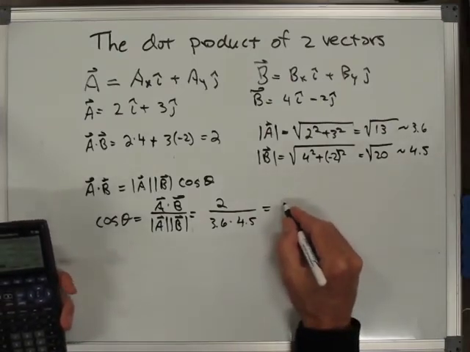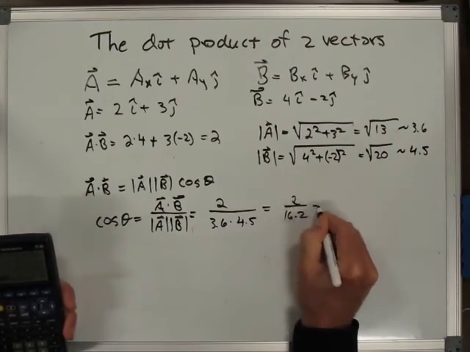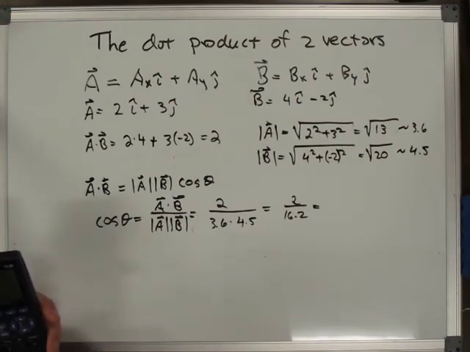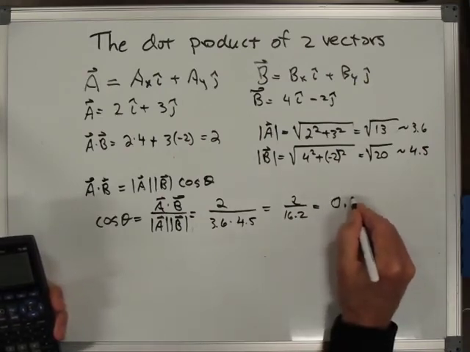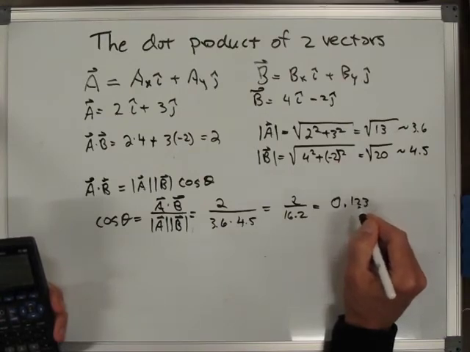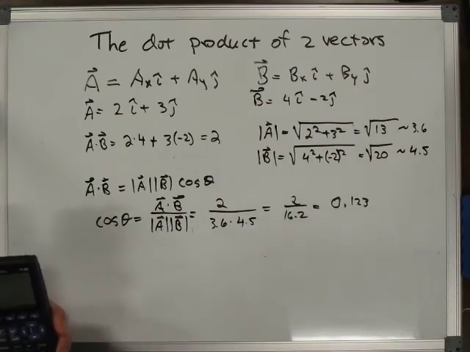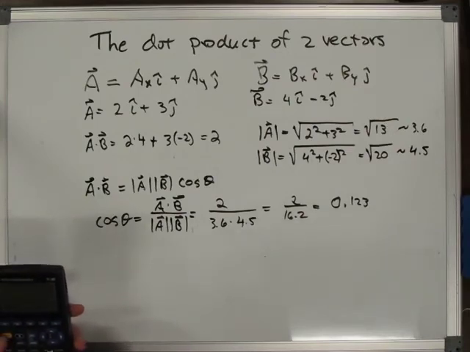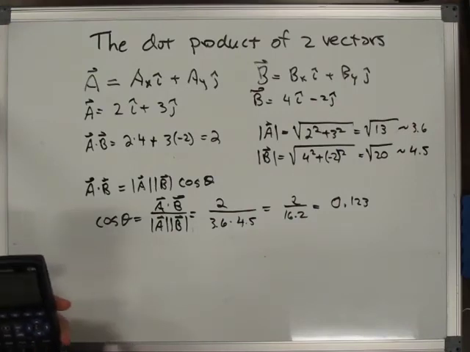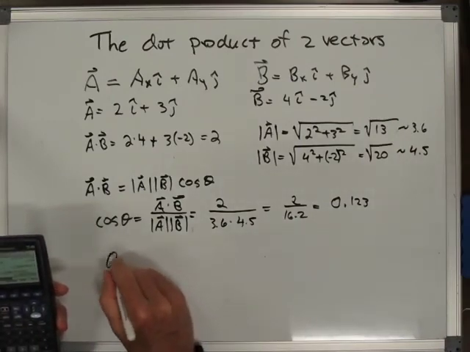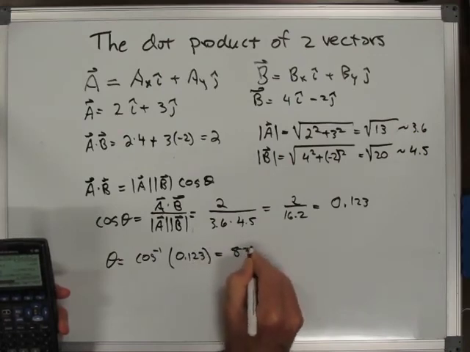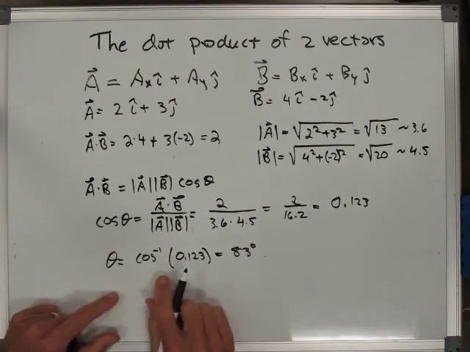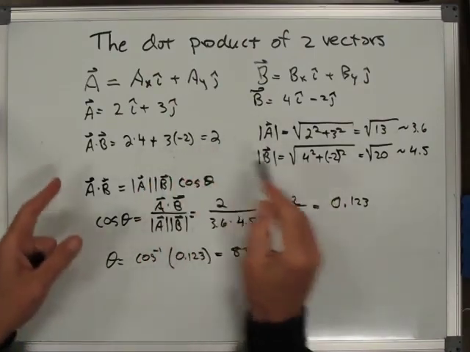So it's 2 over 16.2, which is 0.123, or about 83 degrees.